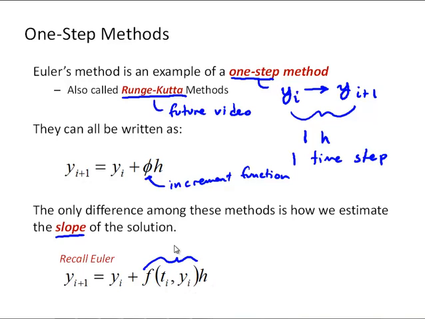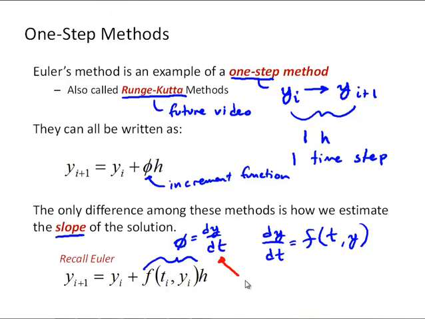This would be our increment function phi, and if you recall, the general formulation of an initial value problem for Euler's method was dy dt is equal to f at t and y. All we're doing with phi is dy dt, or the slope of the solution y calculated at the ith time step.